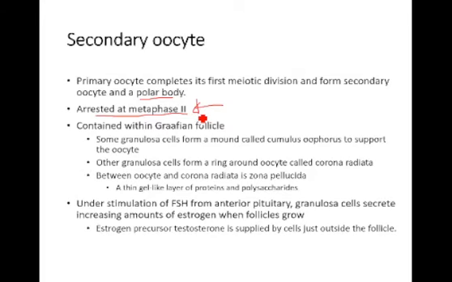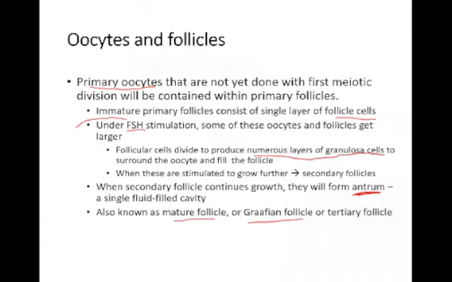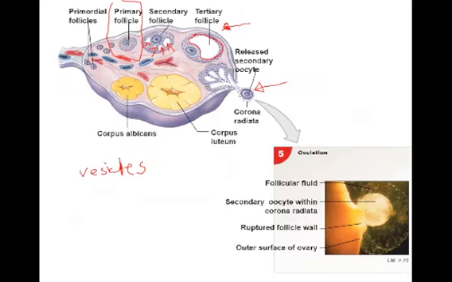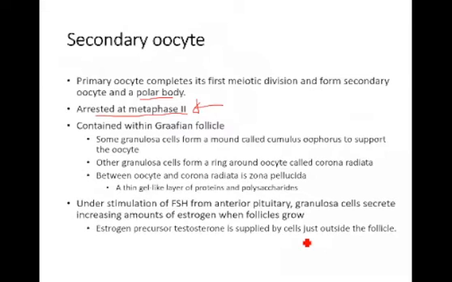And then this is talking about the development of the secondary oocyte just stopping at metaphase 2 and then not completing. Okay, so this secondary oocyte can only stop in the middle of meiosis 2, at metaphase 2, and cannot complete it because they have to wait for the sperm to help them complete the cycle. So we say that arrested means they just stop there.